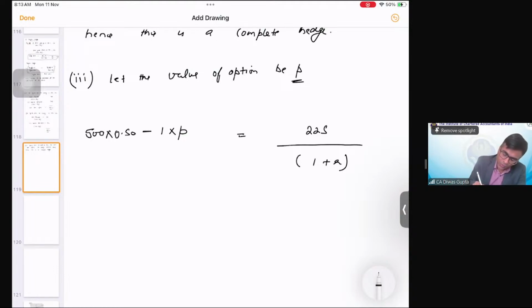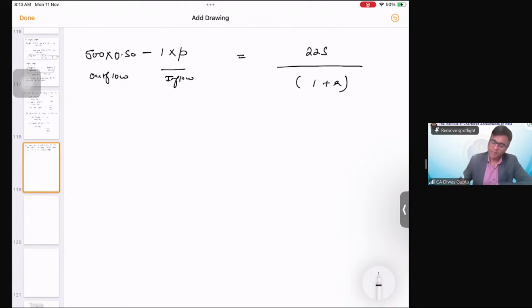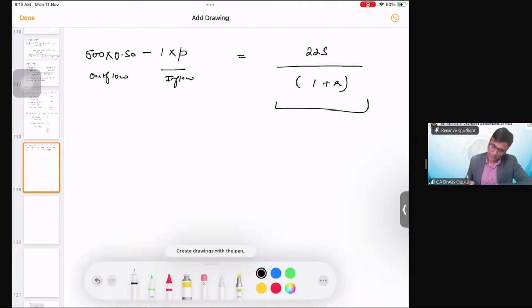Because this is outflow and this is inflow. Clear? So this is my net cash flow and 225 divided by 1 plus R is also my net cash flow on expiry. Clear? So yeah, I have equated the present value of 225.